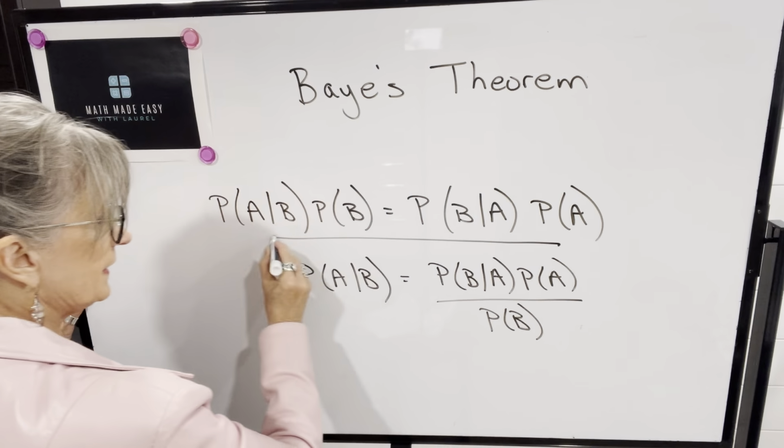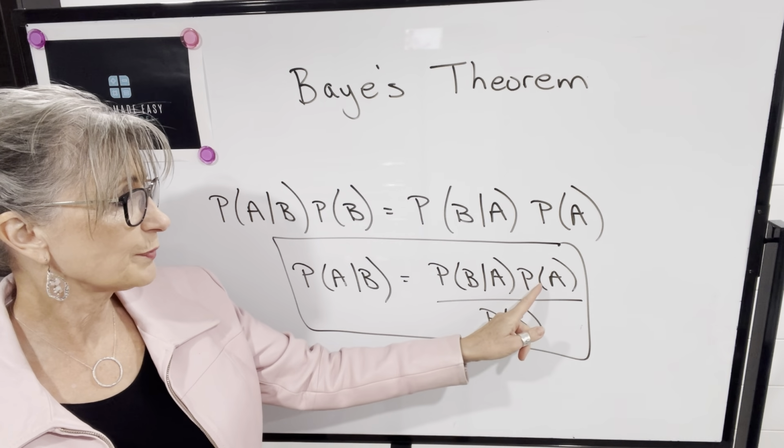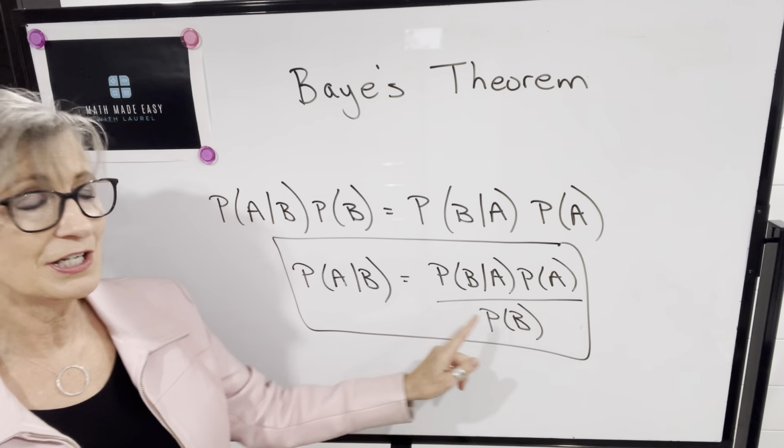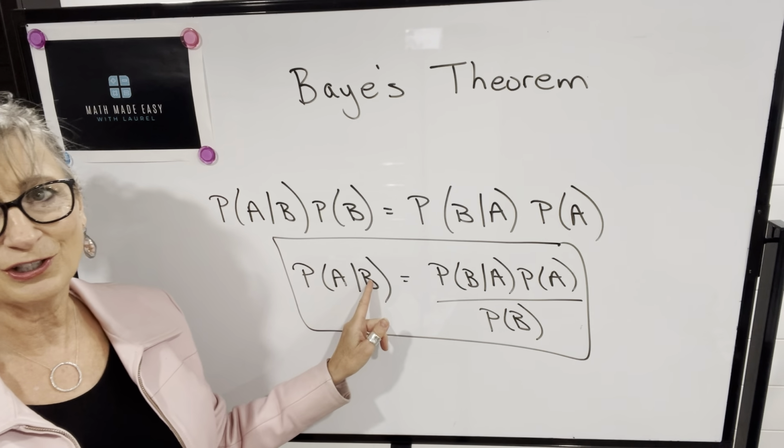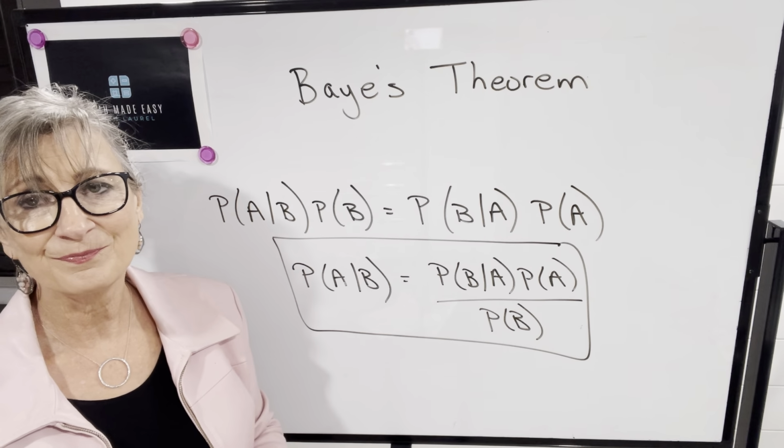This theorem is called Bayes' theorem. A little tip for remembering which probability goes in the numerator and denominator: just follow the same order as you have here. A, and then in the denominator, B.